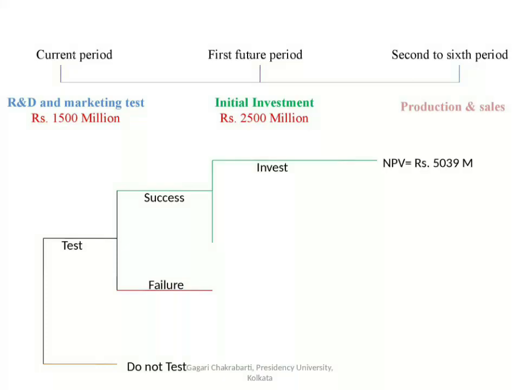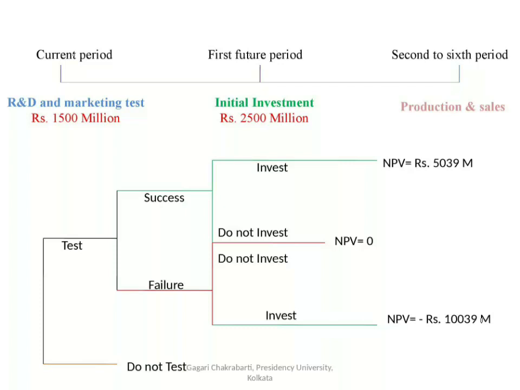Now if the test succeeds, the firm might decide to invest. In that case, it will be getting a positive NPV. And if it decides not to invest, it will be getting a 0 NPV. Now when the test fails, the firm may not go for investing, it will be getting a 0 NPV. But if it still decides to go for the project, then it will be ending up with a negative NPV.